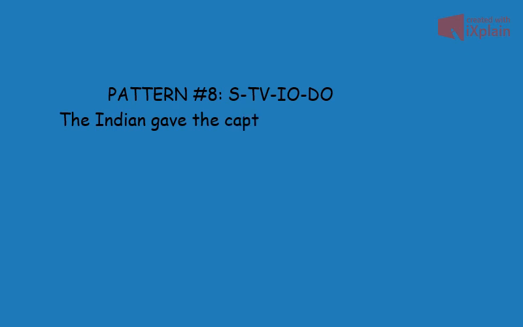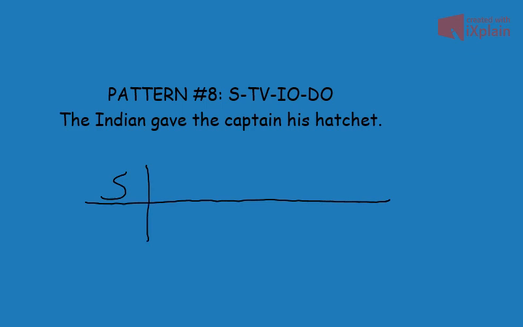Pattern number 8 contains a subject, a transitive verb, an indirect object, and a direct object. And the diagram of this sentence pattern looks like this. Notice that the indirect object is always underneath the transitive verb itself.